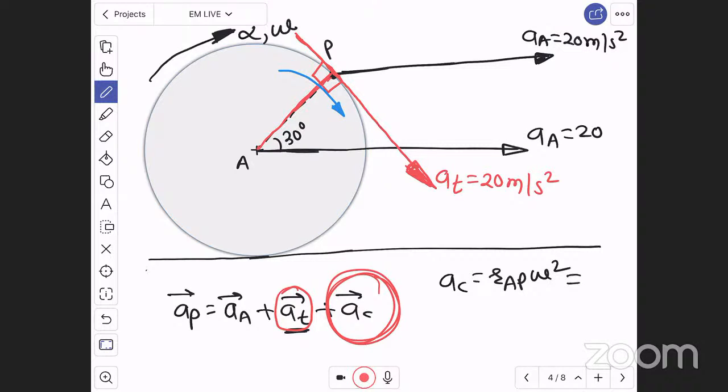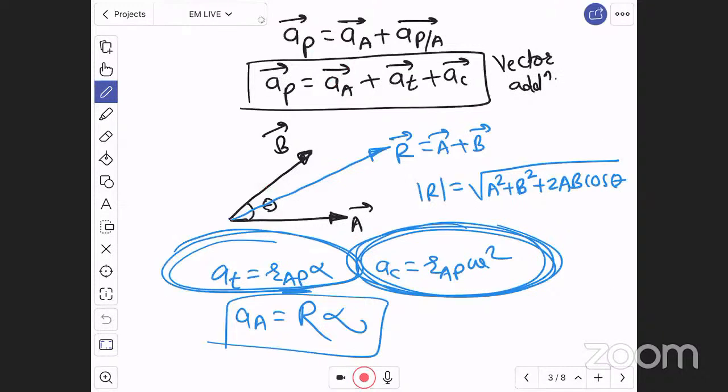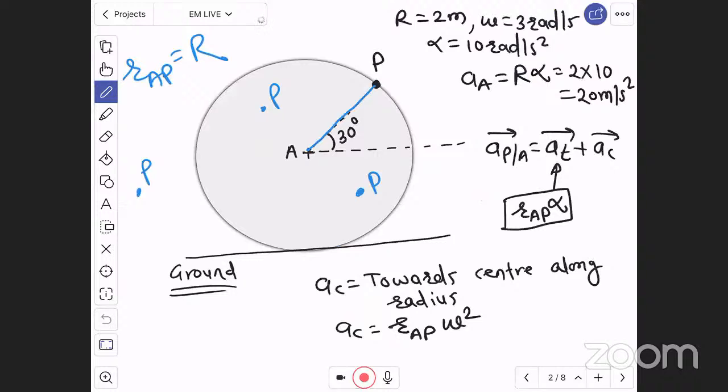Distance between A and P is the radius of the wheel, so R omega square. AC equals radius of wheel 2, and angular velocity was given in the question.